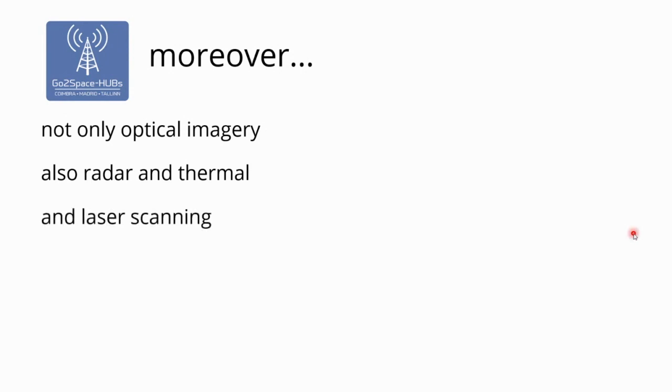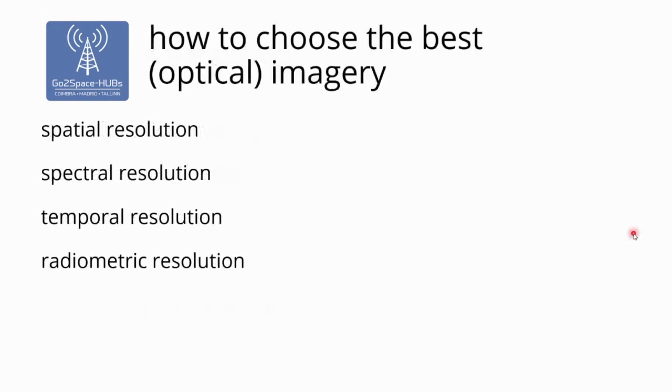Of course, optical imagery is not only those visible bands and infrared. It's not everything in remote sensing. You have also radar images. Radar, that's a completely different story. We'll talk about it. Thermal as well. Also, we can use laser scanning, but that will be in an hour probably.